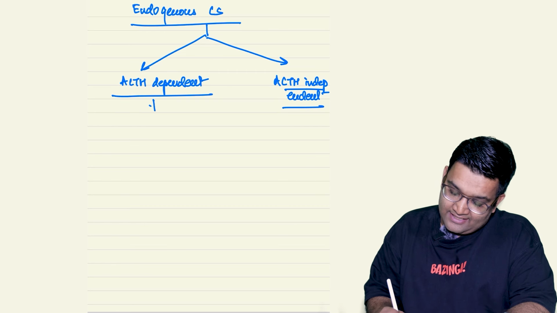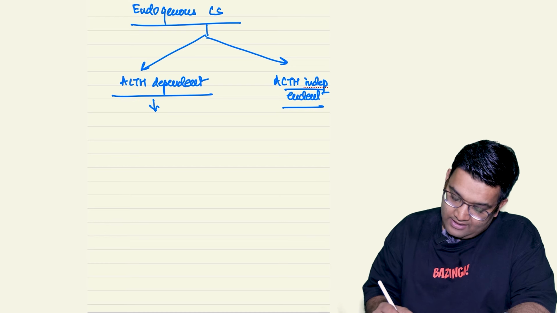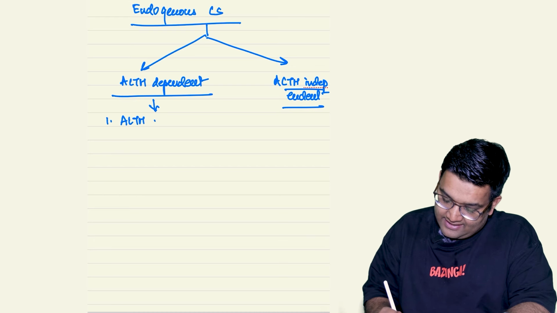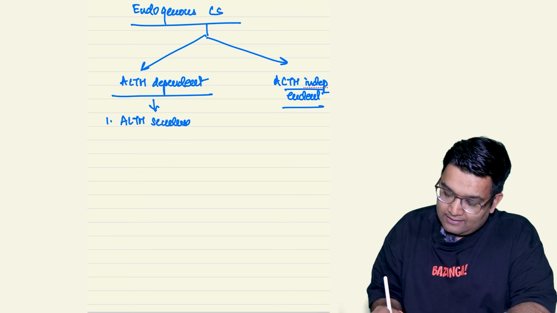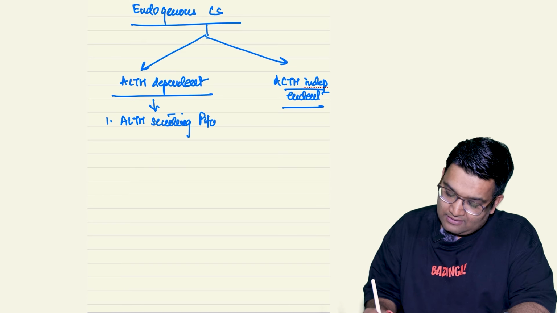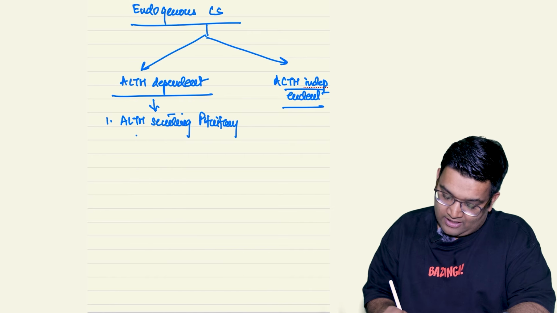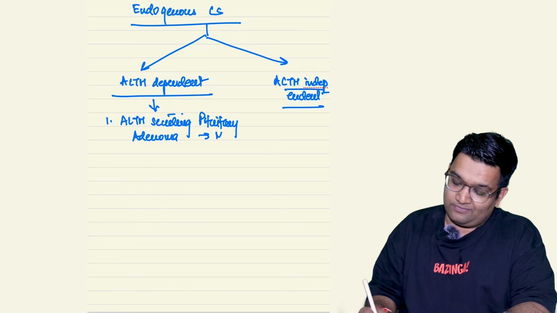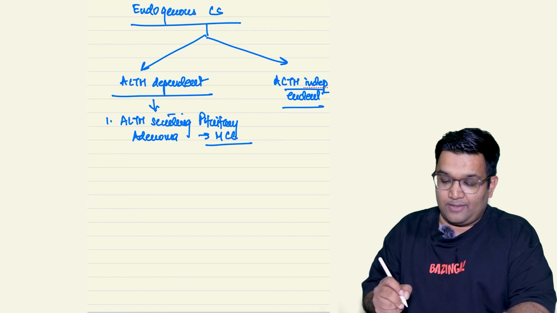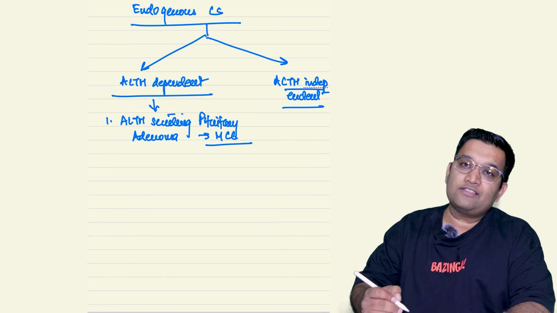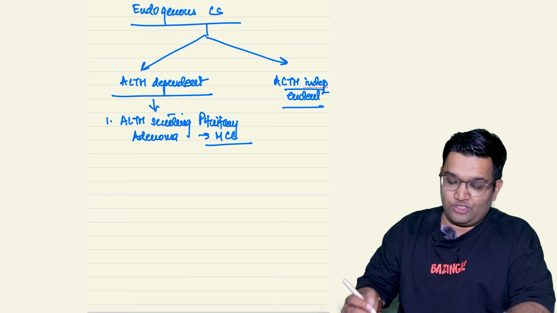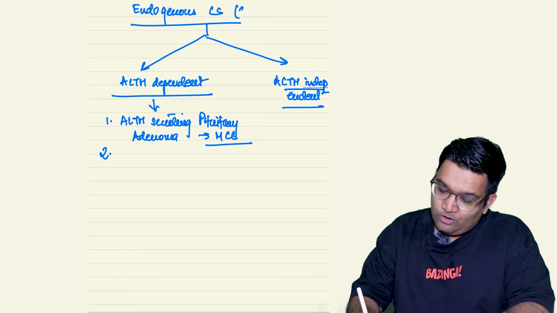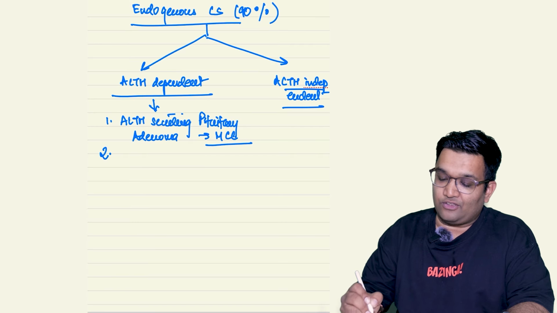So the ACTH dependent, the most common is ACTH secreting pituitary adenoma. This is the most common cause of the ACTH dependent type, and ACTH dependent is the most common type of endogenous Cushing's. So ACTH dependent actually accounts for 90% of the endogenous.